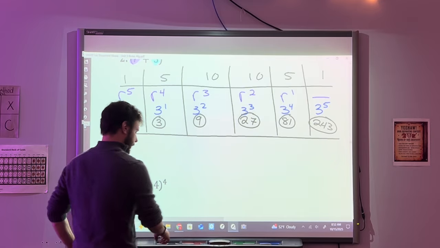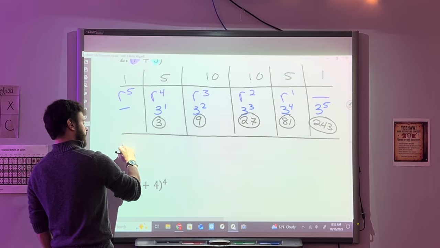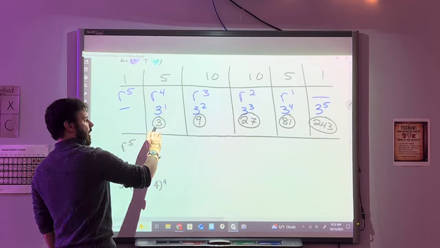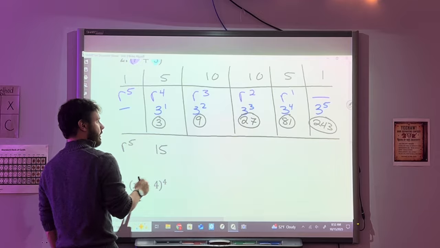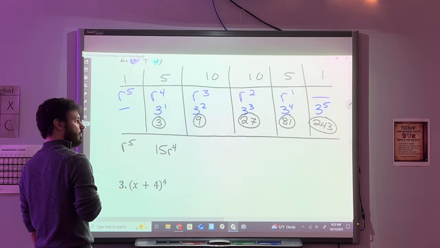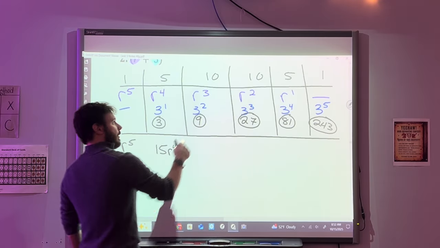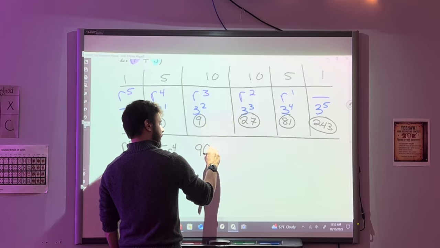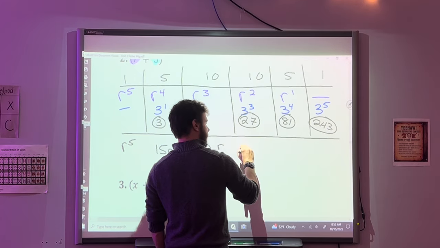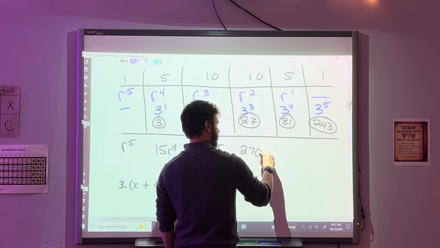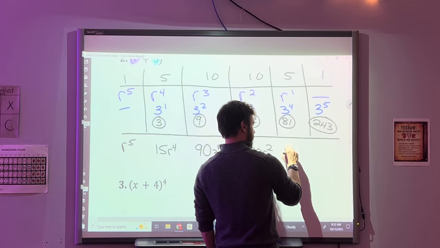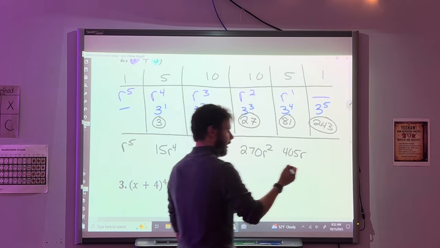Okay, to get our final answer, multiply down your column. 1 times r to the 5 is just r to the 5. 5 times 3, 15, with 4 r's. And that's it. 10 times 9 is 90, with 3 r's. 27 times 10 is 270, with 2 r's. 5 times that is 405, with 1 r.